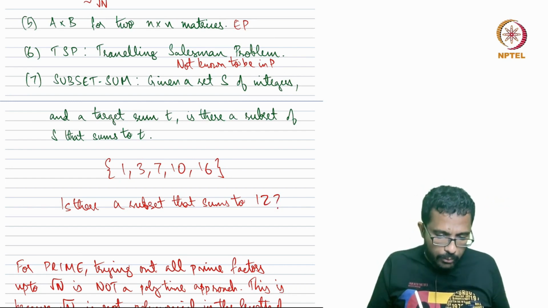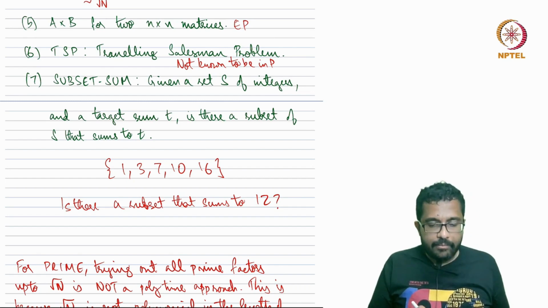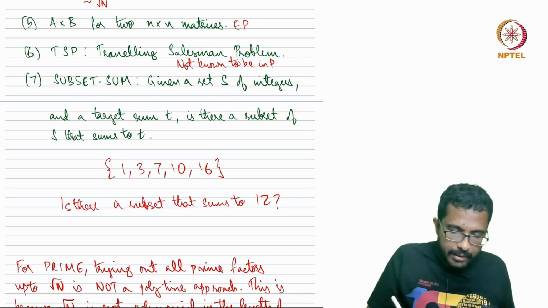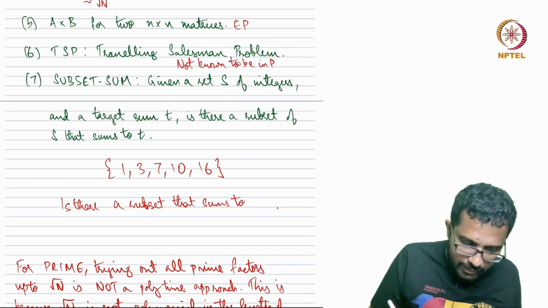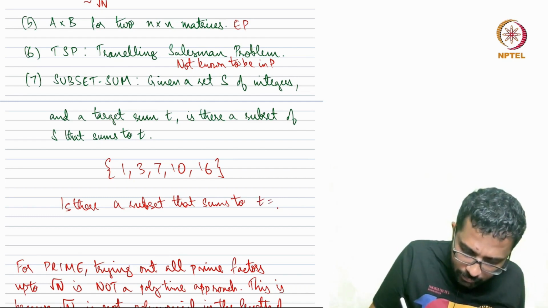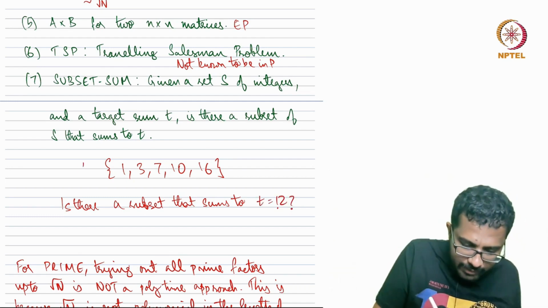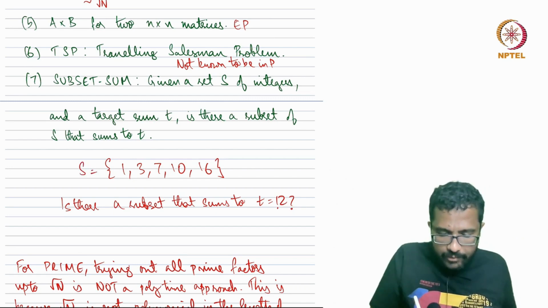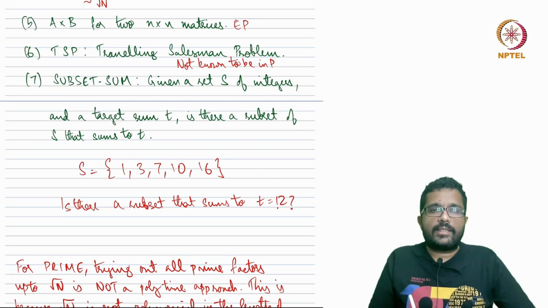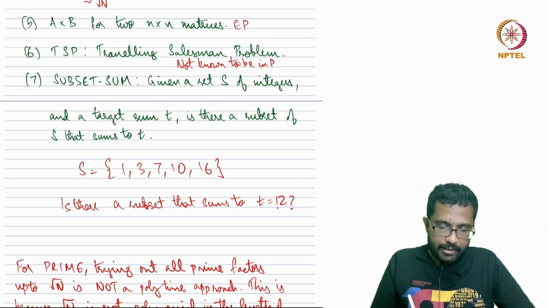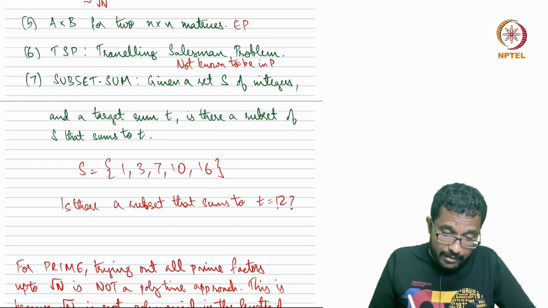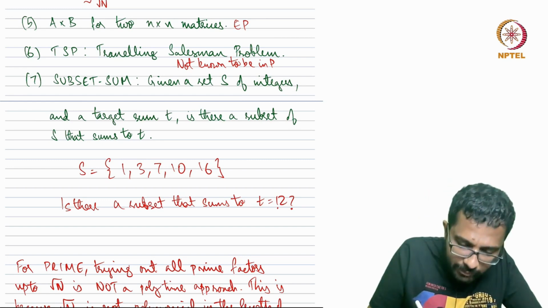I think the answer is no, but the question is a subset that sums to 12. So maybe I'll just say T equal to 12. So given a set S and a target T, is there a subset of S that sums to T? That is the question. And surprisingly, this also is not known to be in P.